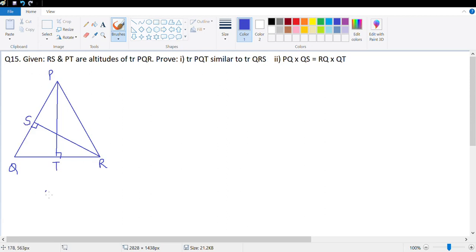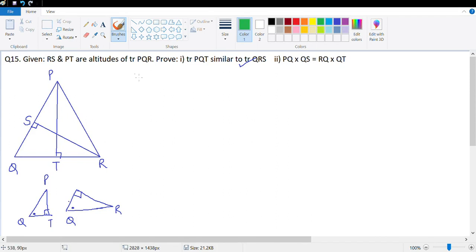A rough diagram, the way I prefer it always. PQT and QRS. That's here. RQS. Okay, so angle T and angle S are equal, 90 degree, and angle Q is common angle. So we've got our first part of the question done already. Let's just write this down then.